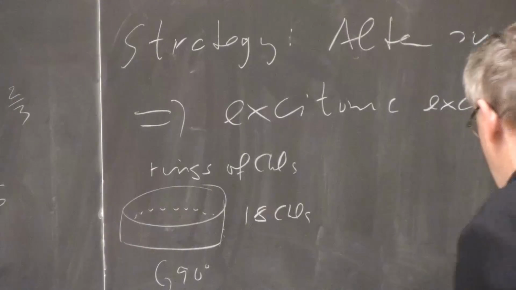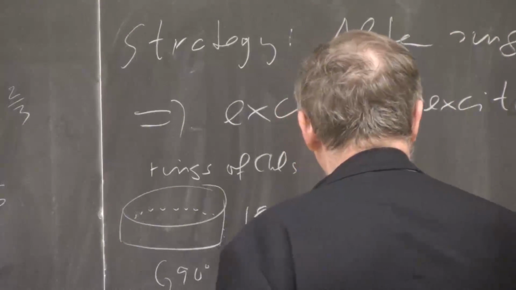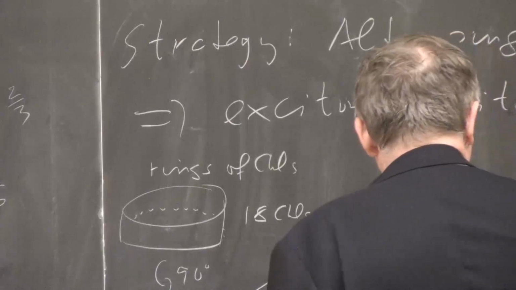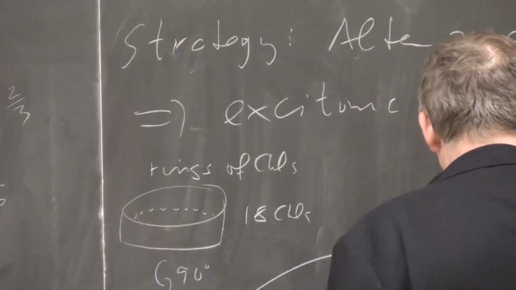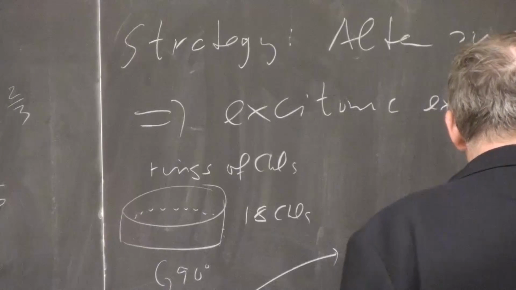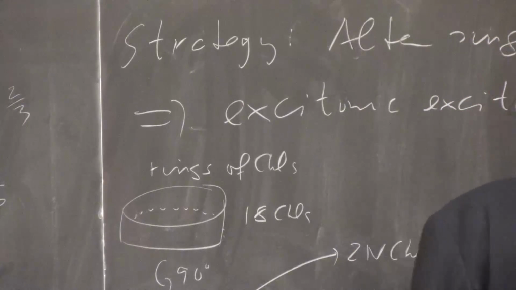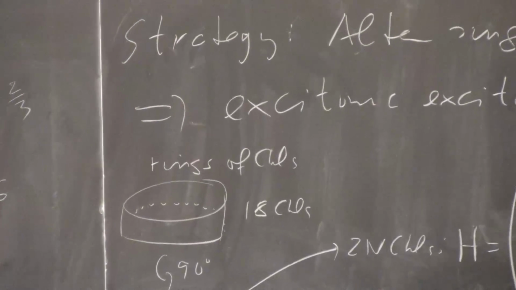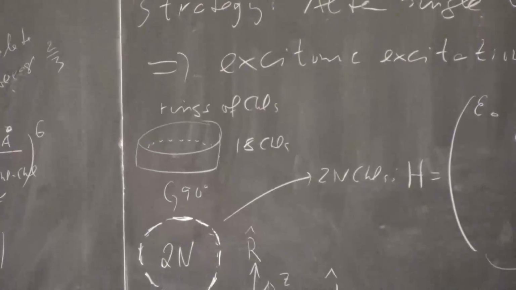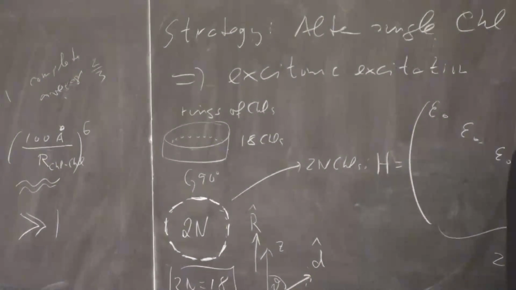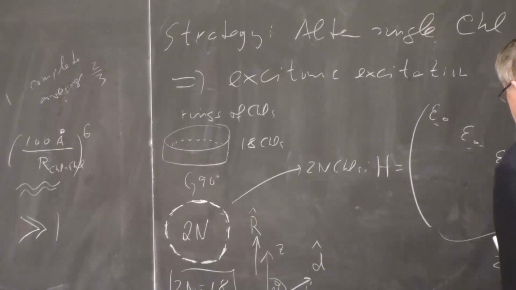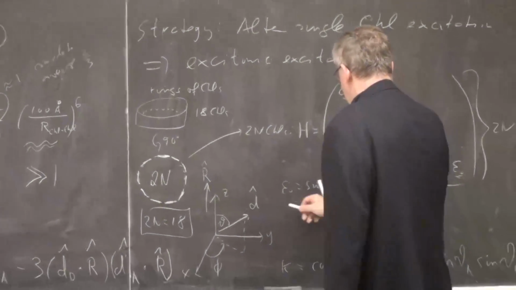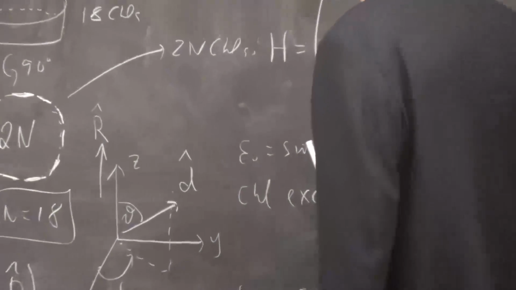The way that works is that these chlorophylls are described by a Hamiltonian that gives us for each site an energy, which is the excitation energy of that particular chlorophyll. So epsilon 0 is the single chlorophyll excitation energy.